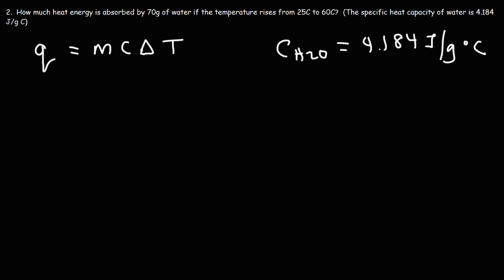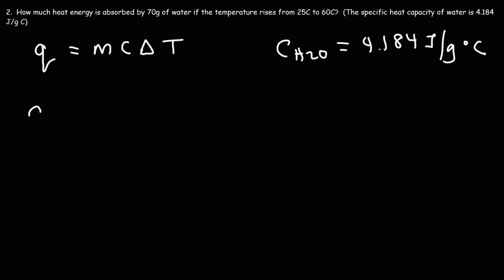That's what the specific heat capacity tells us. It takes water a lot of energy just to raise the temperature by 1 degree Celsius. So it tells you the ability of a material to store thermal energy relative to its temperature change and relative to its mass.